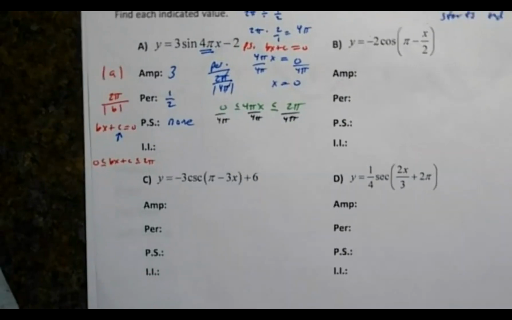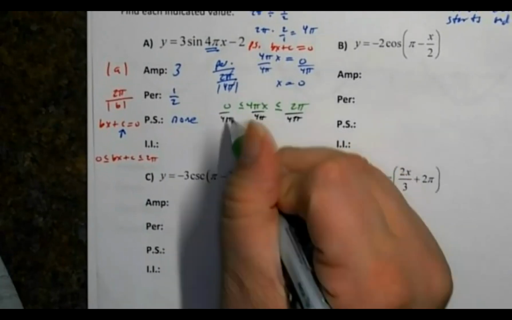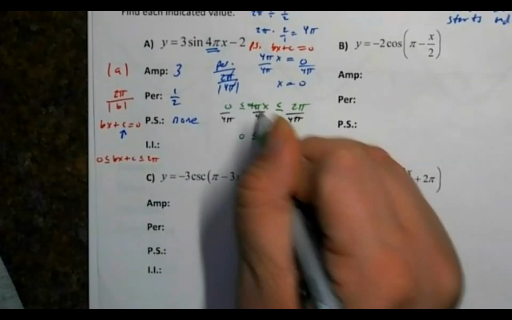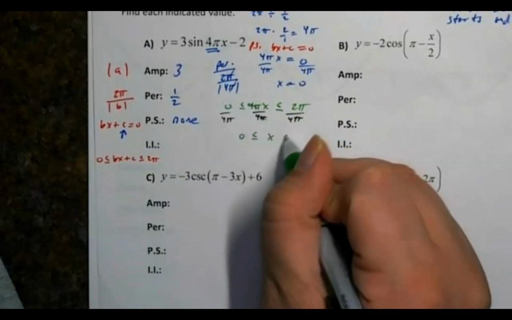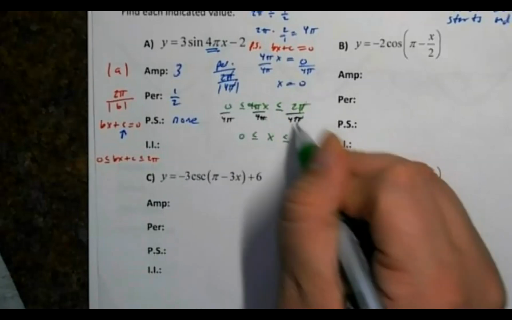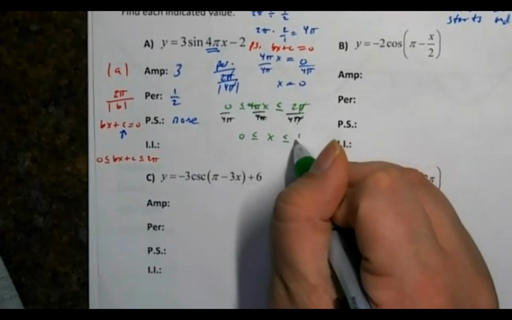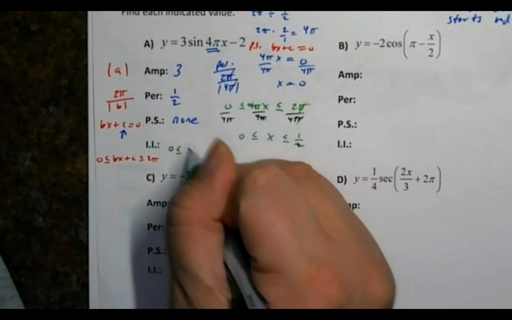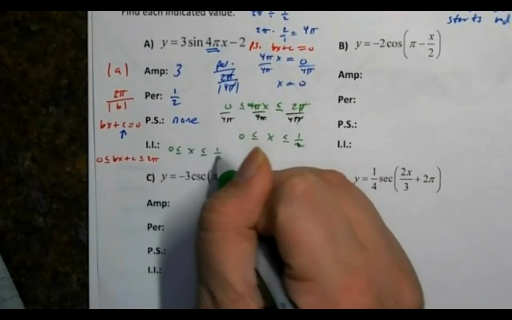I want to get x by itself. 0 divided by 4 pi is 0. 4 pi divided by 4 pi reduces to 1. That's x. And 2 pi over 4 pi, the pi is reduced, is 2 over 4, which is 1/2. So the initial interval is 0 less than or equal to x less than or equal to 1/2.